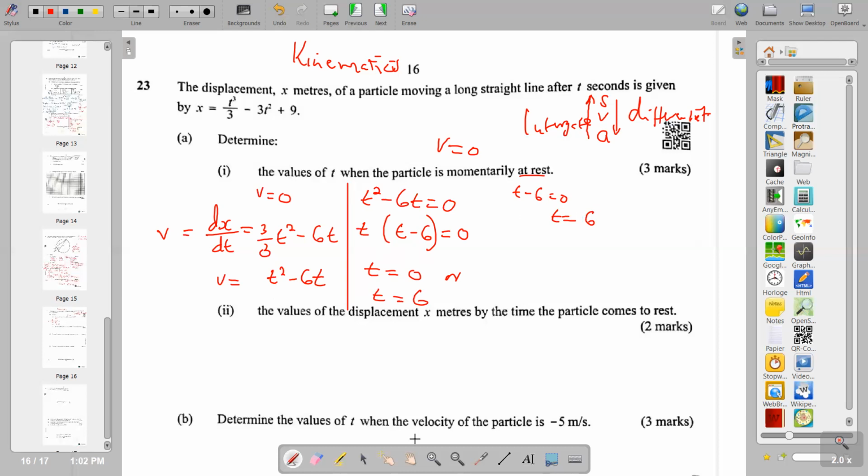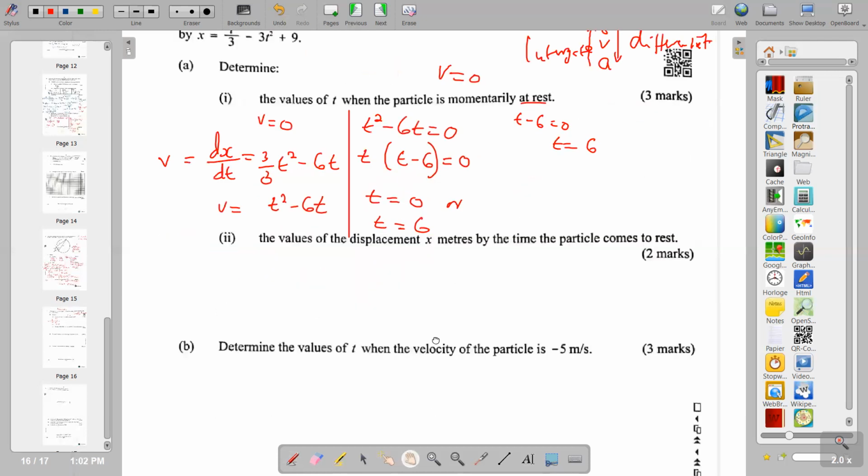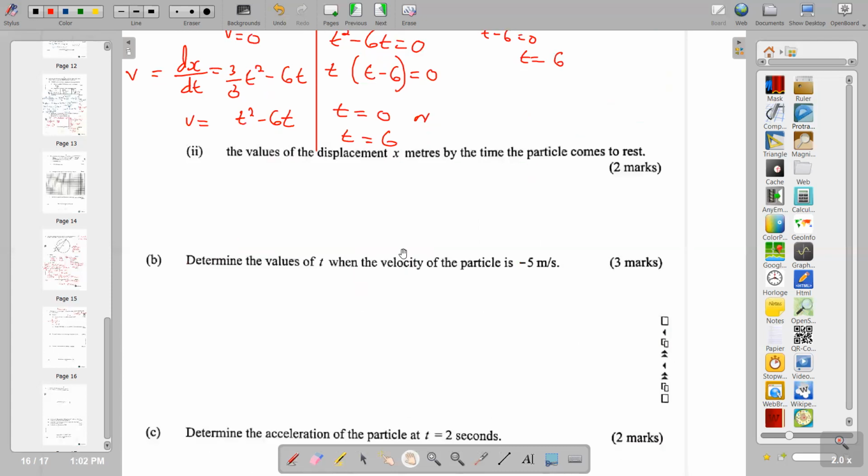For number Roman 2, find the value of displacement x meters by the time the particle comes to rest. Remember the first one was when t was 0.